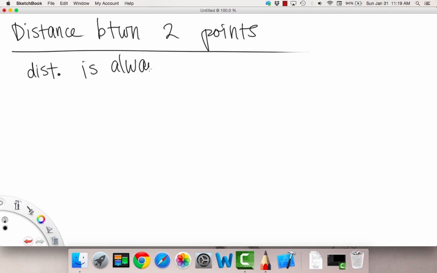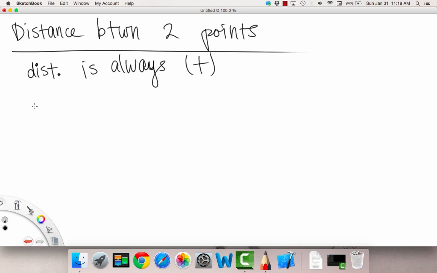Just by convention, that's what we think of in real life. You don't say, oh, I traveled -2 miles today in my car. You just say, I traveled 2 miles in my car heading west, or you just give it a direction. But distance itself is a magnitude, which means it's always positive.